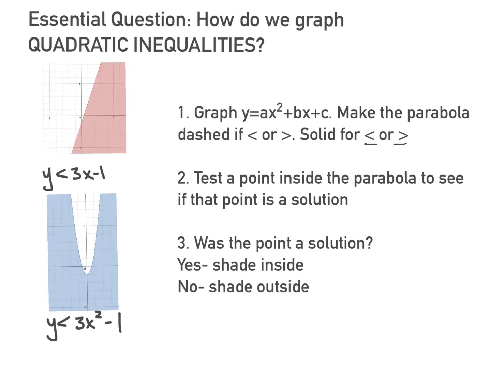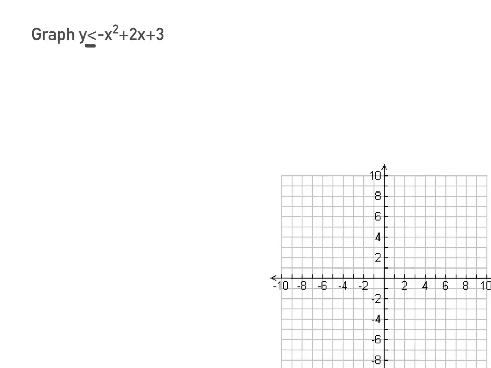So let's practice. All right, our first example is y is less than or equal to negative x squared plus 2x plus 3. Now, it's been a while since we've graphed quadratics, so we have to remember: this is in general form, so how do I find the vertex? Remember that the vertex can be found by first doing x equals the opposite of b over 2a.